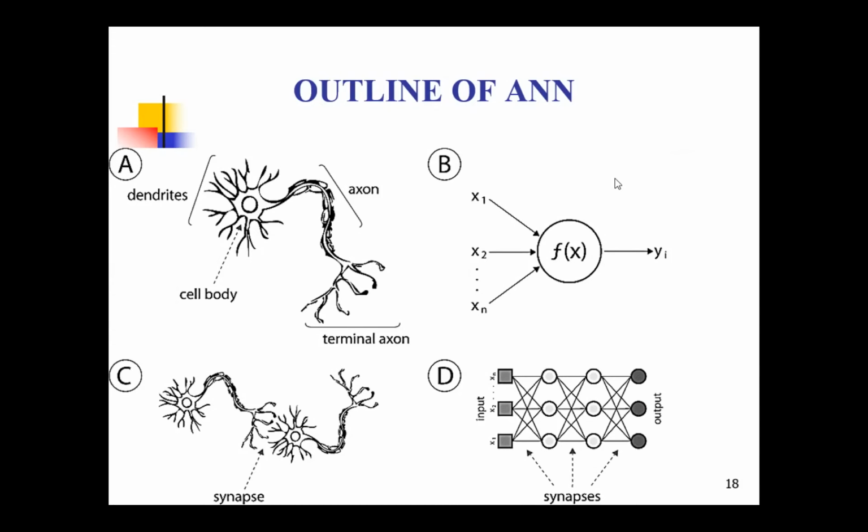The figure below, figure D, consists of multiple perceptron models in which we have inputs x1, x2, x3 and three outputs. So the interconnectivity will be higher. In the previous case B, we have three inputs and we consider one output. But here we are going to consider three outputs.